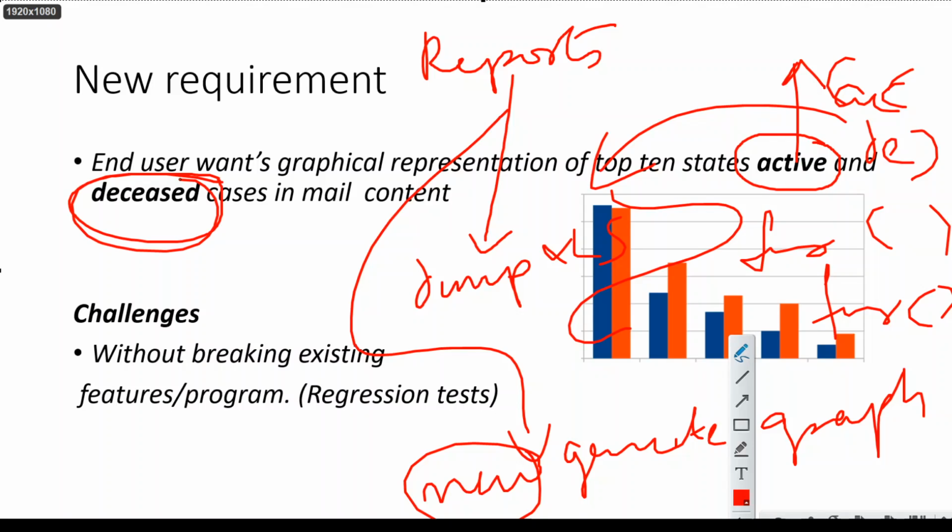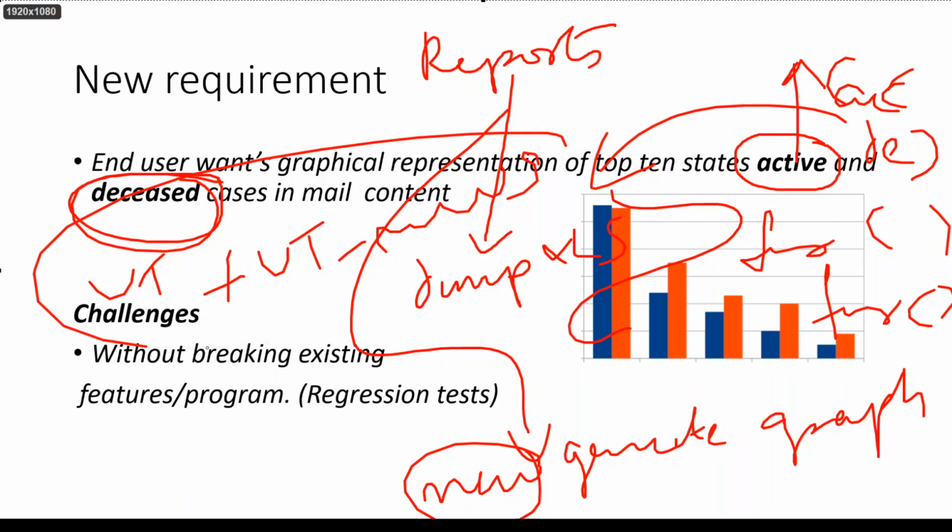Once we identify these changes, we need to write code, and the first thing we do is run the existing unit test cases or any regression framework. Then we come to know that things are working fine and no feature is broken. Then we add new unit test cases and run again.